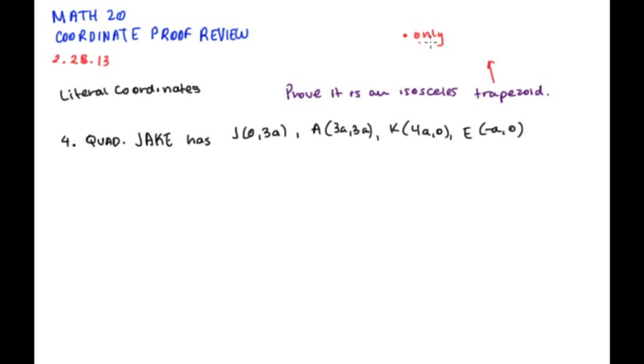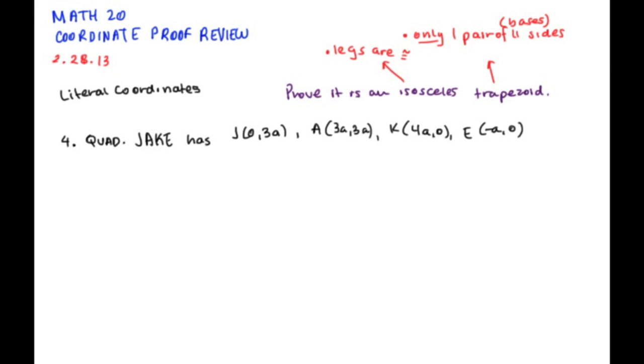Only one pair of parallel sides, and those are the bases. The bases have parallel sides, and isosceles means that the trapezoid's legs are congruent, and they want us to prove using coordinate geometry with all these variables that it is an isosceles trapezoid.